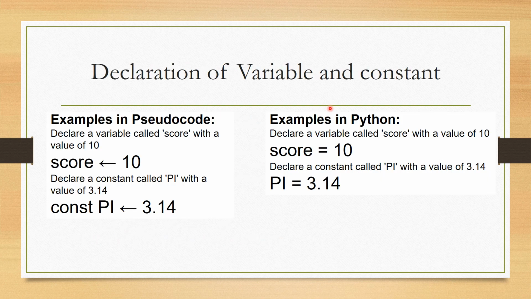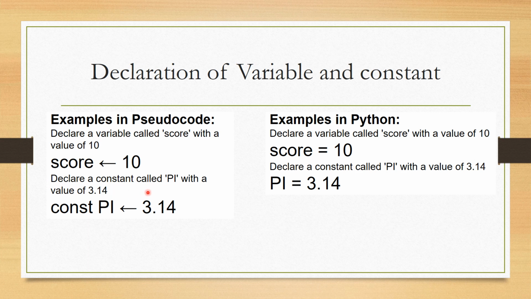Declaration of variable and constant, as we have already learned in pseudocode. Here we are declaring a variable called score with a value of 10. Score is a variable name, and this arrow is representing that 10 is the value. So this is the syntax of declaring a variable in pseudocode.